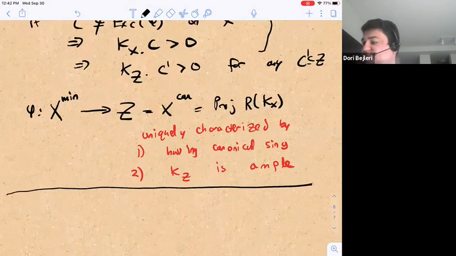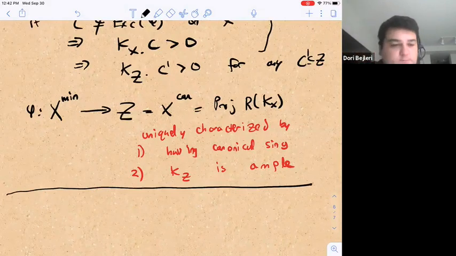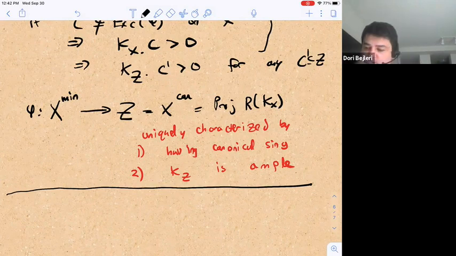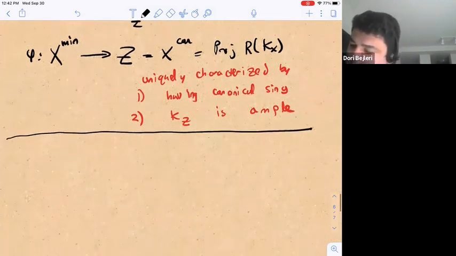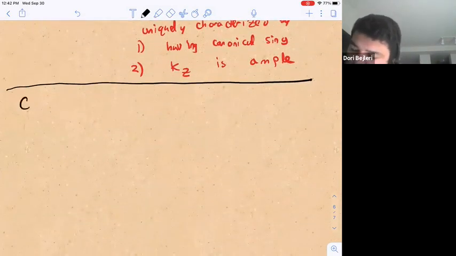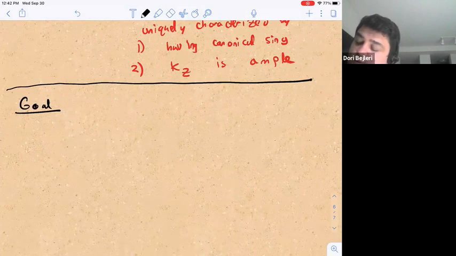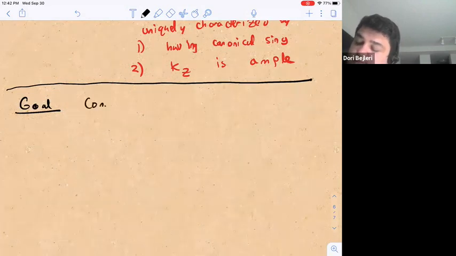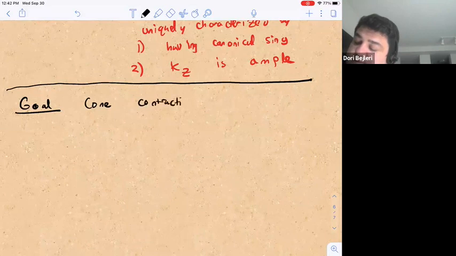Okay, so now for the rest of the class, we're gonna work in higher dimensions. So maybe I'll just write down our goals for the next bit of the class. We have to prove the cone and contraction theorems.